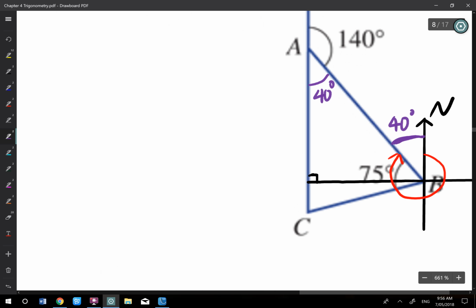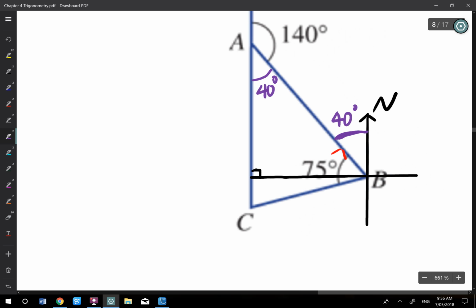My habit for this type of question is to label all the angles that I know. It's hard to give a lot of letters, but can you tell me the size of this angle? 50, okay, 40 plus 50 gives you 90.